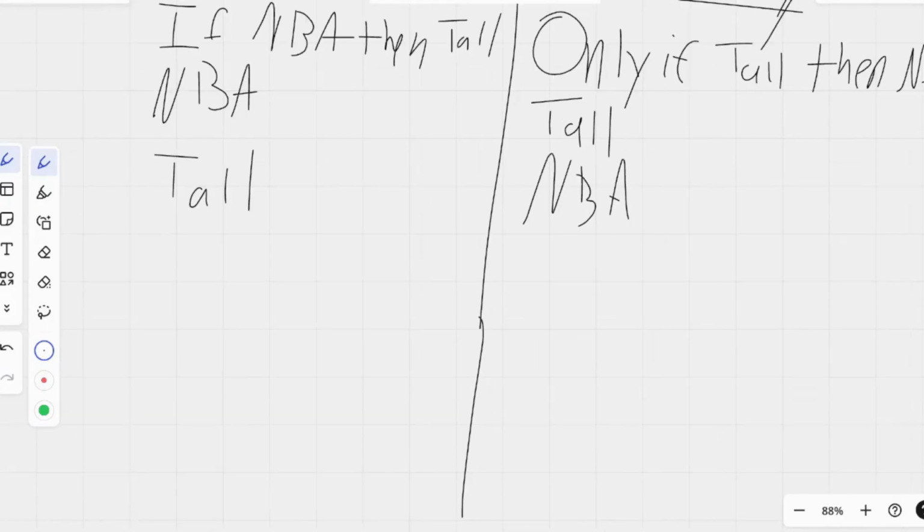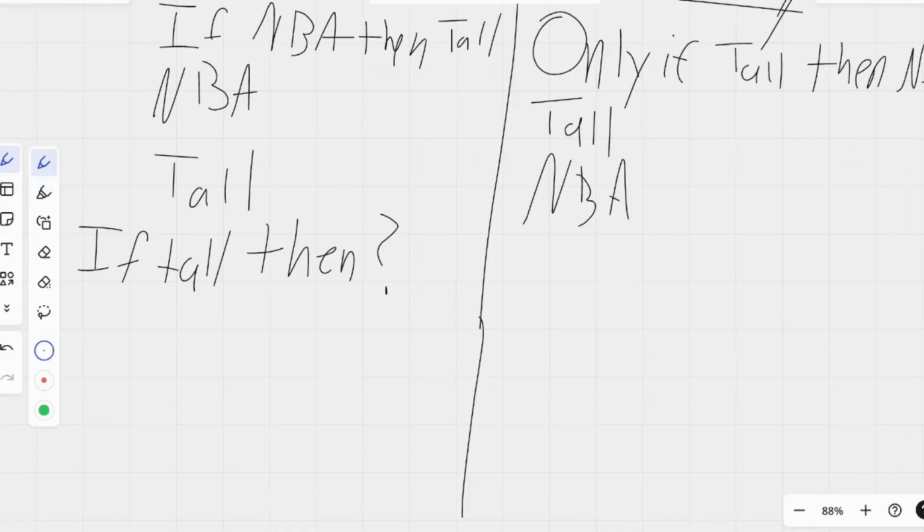One other way to differentiate between these conditionals is by taking the reverse. Let's say that you are tall, and this is a sufficient condition. We don't really know anything about whether or not you're in the NBA, because all we know is that if you're in the NBA, then you must be tall, but not anything about just tall people.